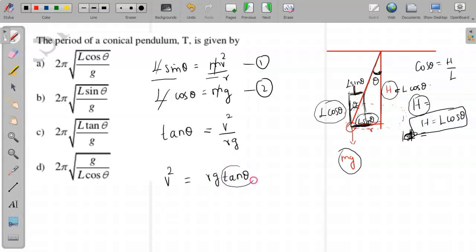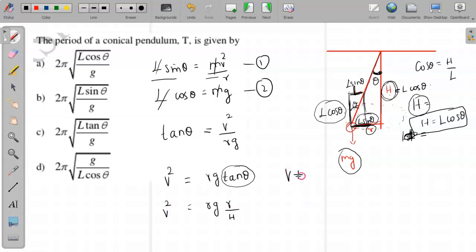We know tan theta is equal to opposite side by adjacent side. Opposite side is the radius of the circle, adjacent side is the height. We can plug in here: opposite side by adjacent side, so v square is equal to r square g divided by h.